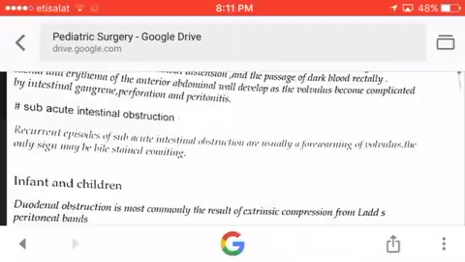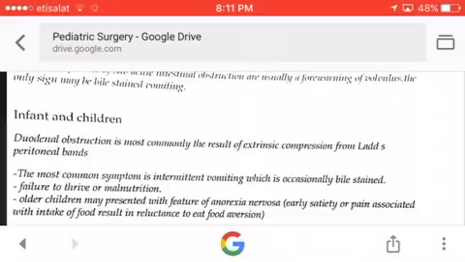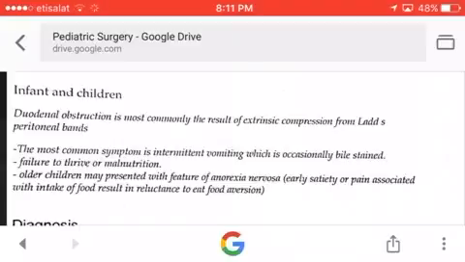In infants and children, duodenal obstruction is most commonly the result of extrinsic compression from the Ladd peritoneal bands. The most common symptom is intermittent vomiting, which is occasionally bile-stained.